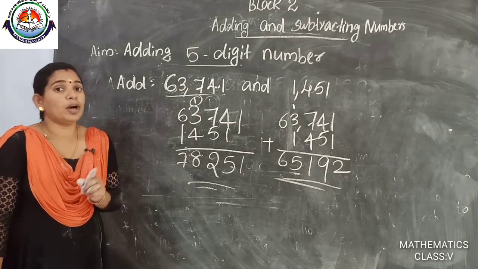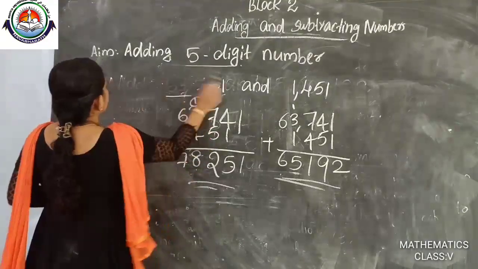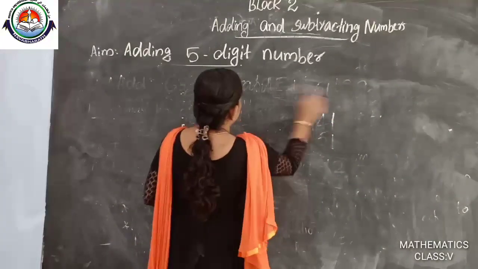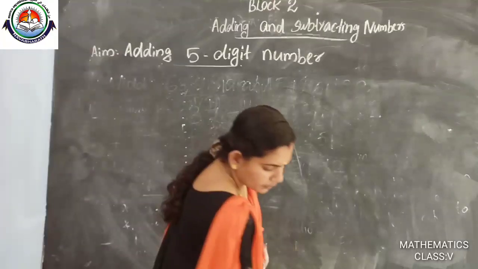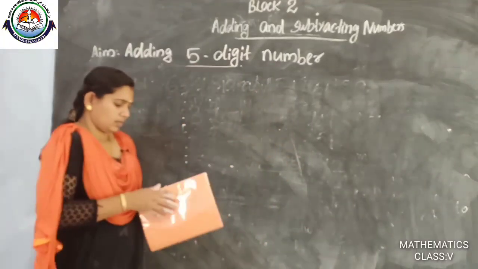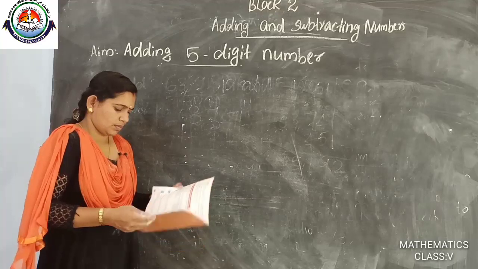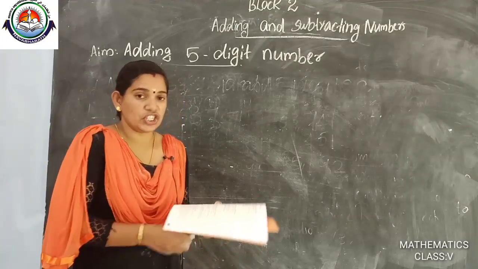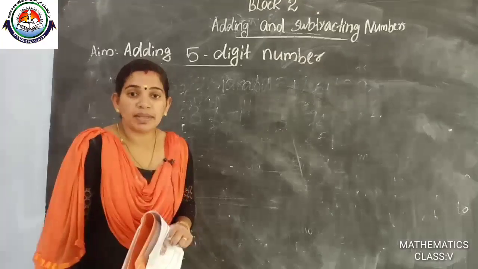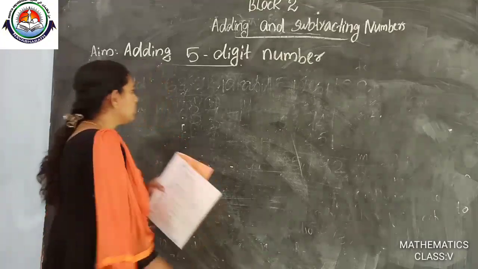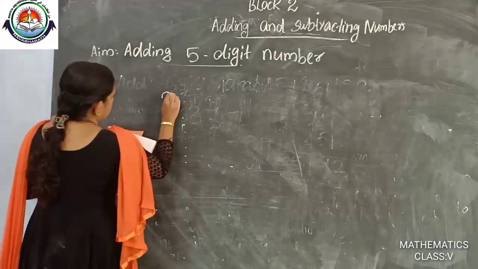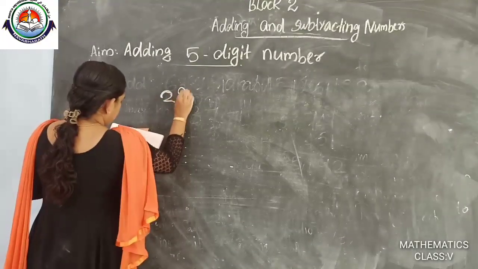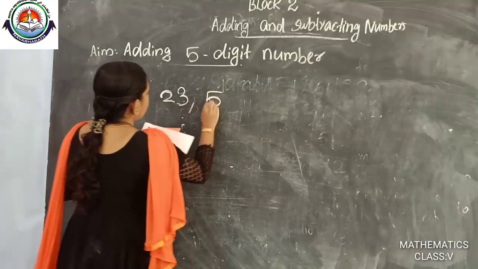We'll do one problem from your textbook. Find the missing digits. Here some digits are missing. You find out the digits. $23,546.